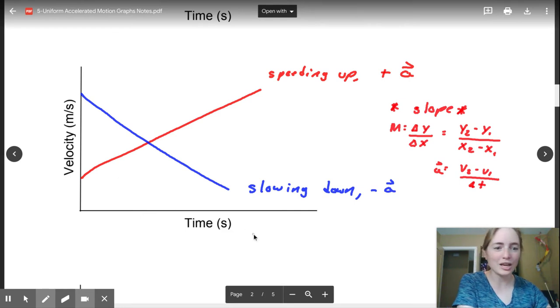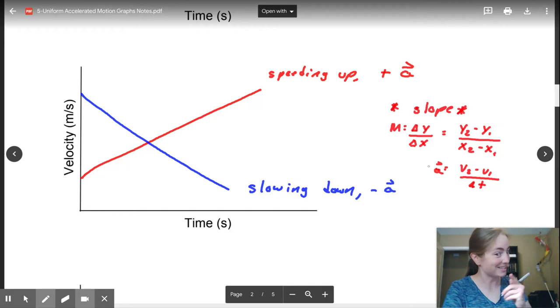Velocity over time, y over x. So what you've got is if I give you a graph, a velocity time graph, and I say, what is the acceleration? You need to calculate the slope. That is ultra, ultra, ultra important, guys.